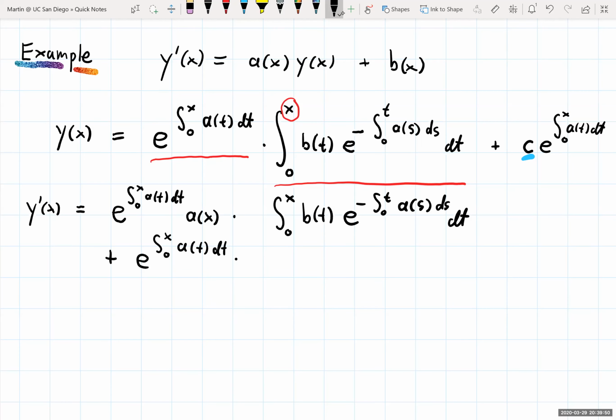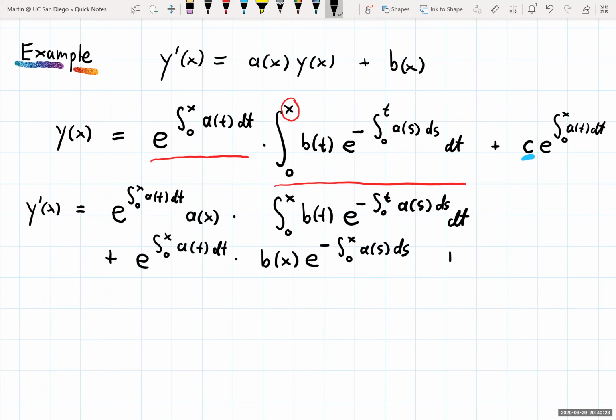You've got b of x times the exponential of minus the integral from 0 to x of a of s ds.